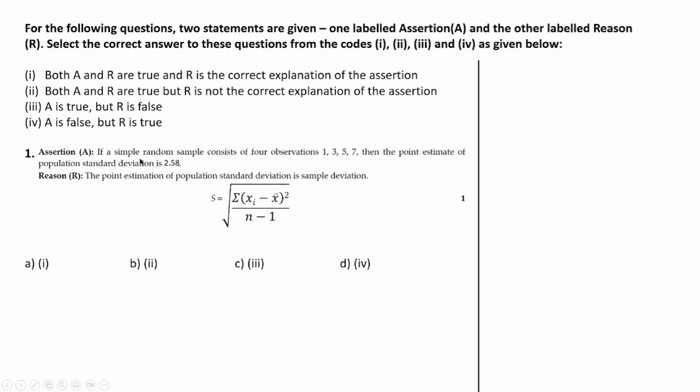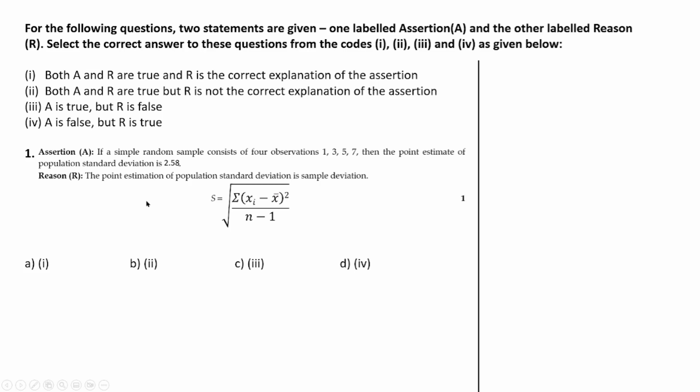If a simple random sample consists of 4 observations 1, 3, 5, 7, then the point estimate of population standard deviation is 2.58. Reason R, the point estimate of population standard deviation is the sample standard deviation given by S equal to under root summation xi minus x bar the whole square upon n minus 1.